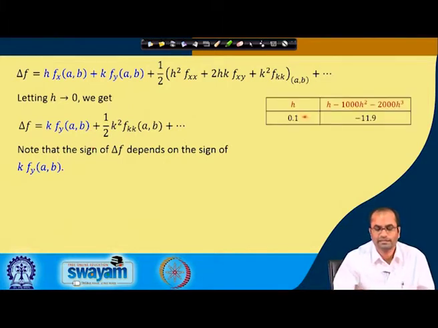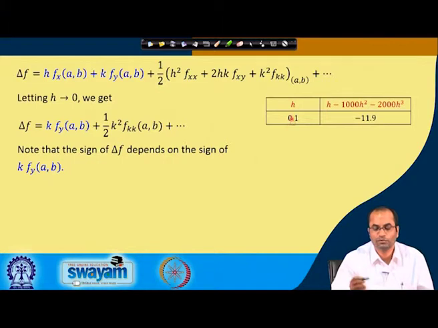For example, take the expression h minus 1000 h square minus 2000 h cube. The sign will be determined by h only, not by these other terms, but we have to go to a sufficiently small h close to 0 to see that it is determined by the sign of this one.